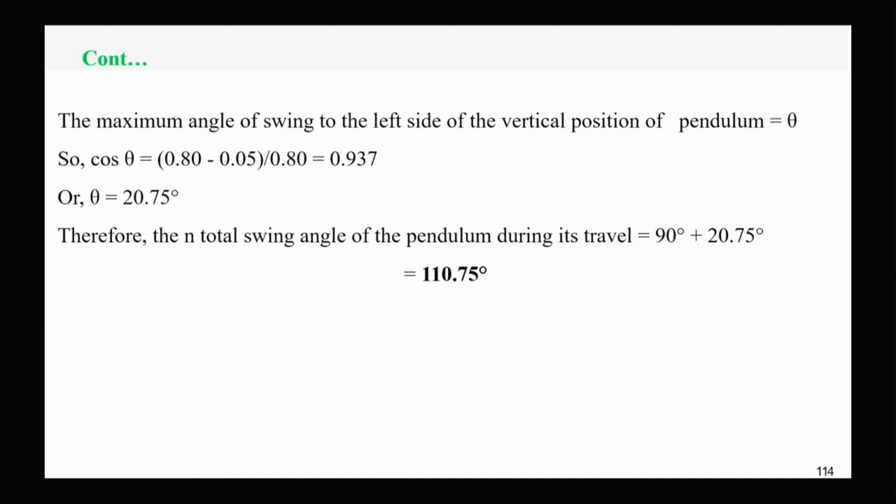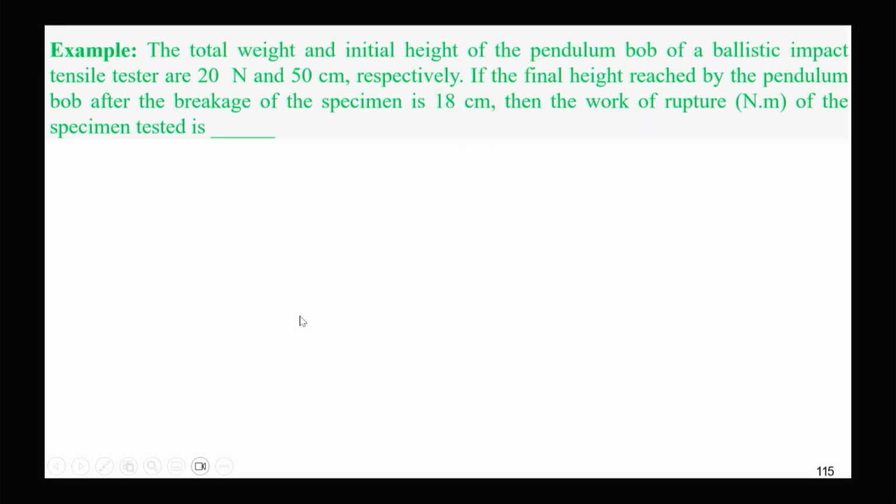Now our next numerical is again the total weight and initial height is given. So total weight is 20 Newton and initial height is 50 centimeter. Final height of the pendulum reached is given as 18 centimeter. Then find work of rupture. It's straightforward.